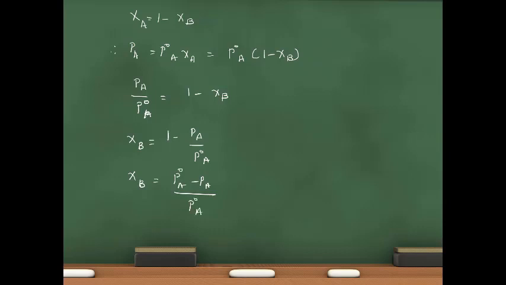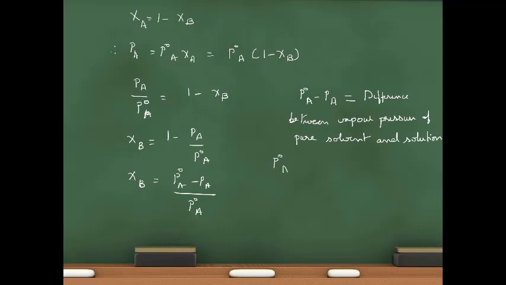Now P naught A minus Pa is the difference between the vapor pressure of pure solvent and solution. So P naught A minus Pa is called the lowering of vapor pressure, and P naught A minus Pa divided by P naught A is the ratio of lowering of vapor pressure to the vapor pressure of the pure solvent, and this term is called the relative lowering of vapor pressure.